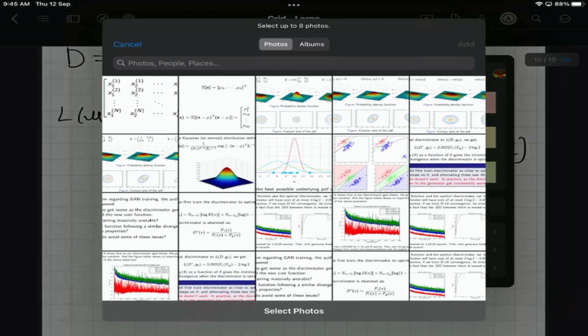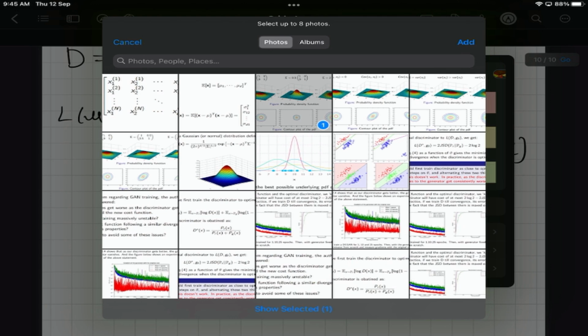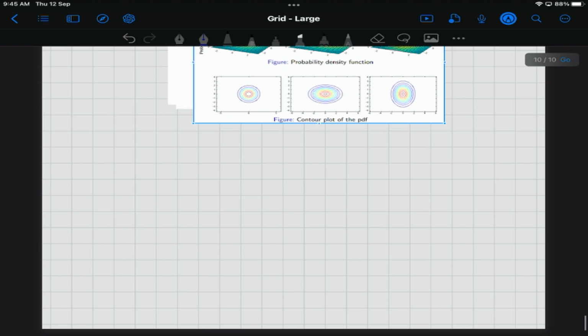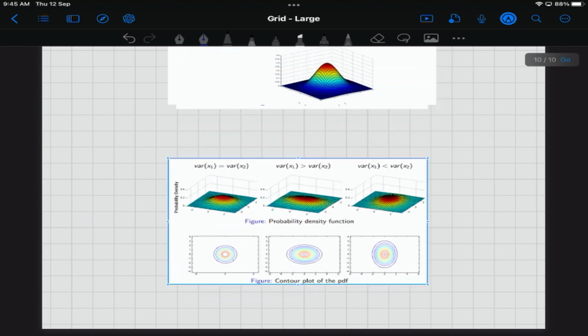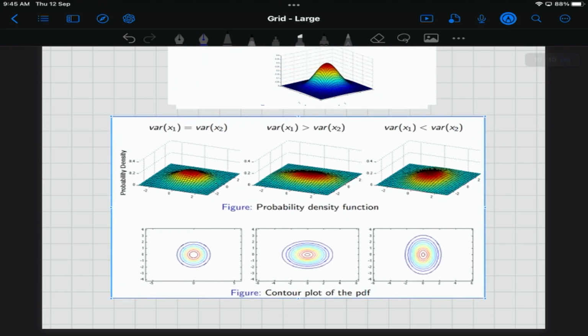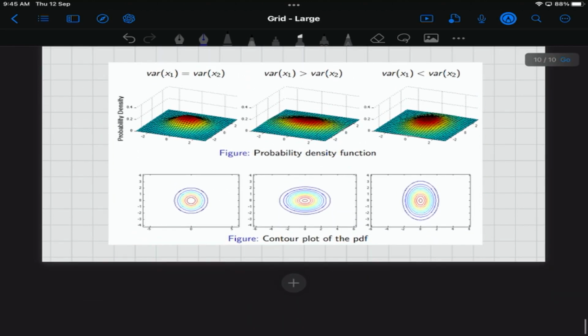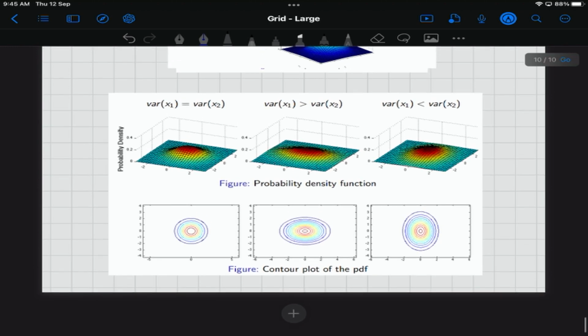But before we derive, we will just see how your covariance matrices will be for different combinations. If you have a two-dimensional multivariate Gaussian, a bivariate Gaussian, and the variance along both dimensions is equal, then your contour plot will look like this.